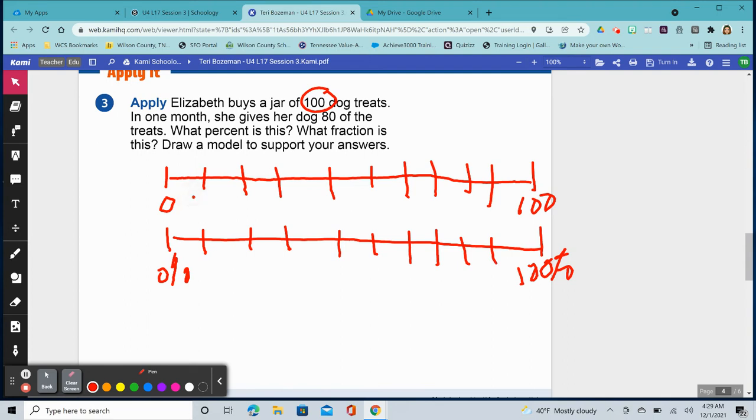So this would be 10. And hopefully we're noticing that your top number line and your bottom number line have the exact same numbers, not 30 there, 20. All right, 60.